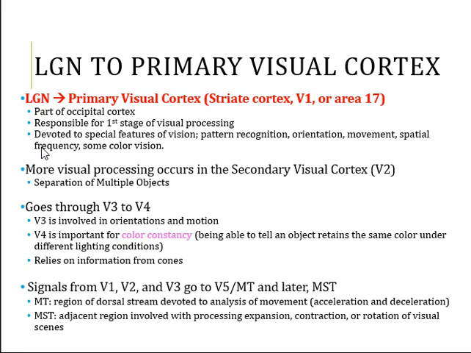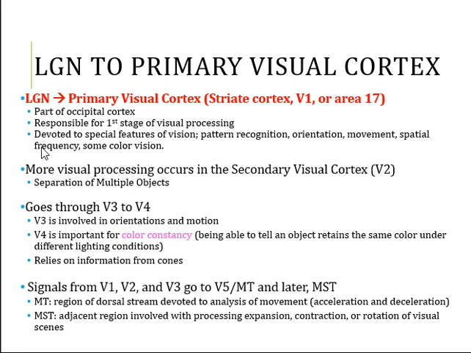So more visual processing will occur in V2, which is separation of multiple objects, and then we have V3 and V4. So V3 is involved in the orientation or the motion of an object, and V4 is very important for color constancy.